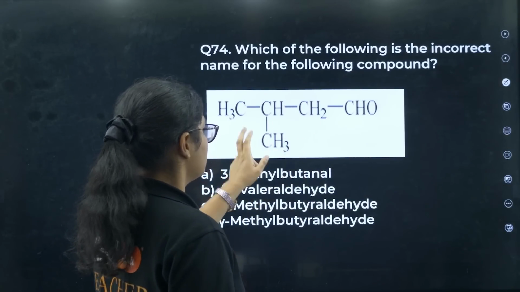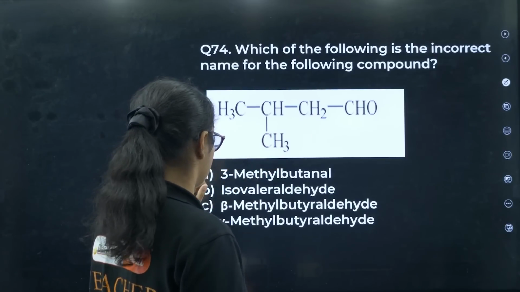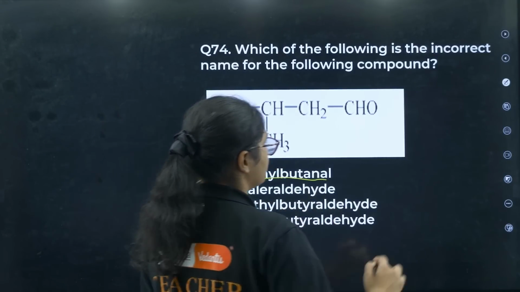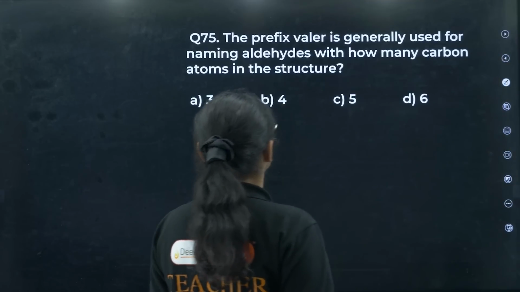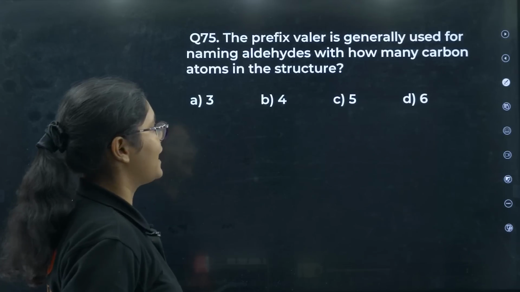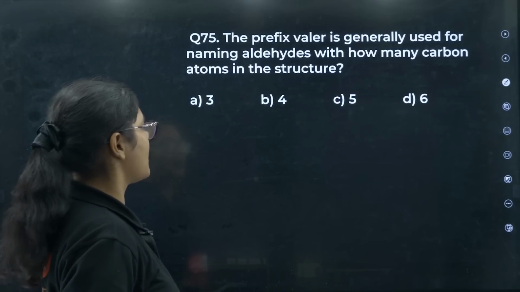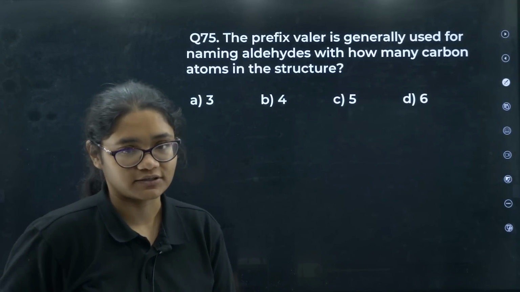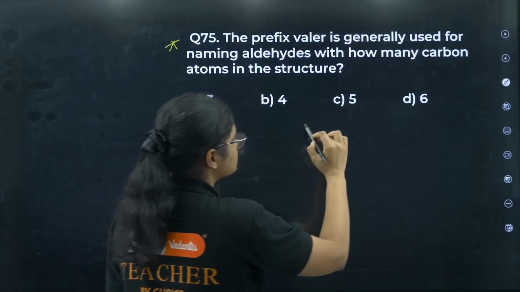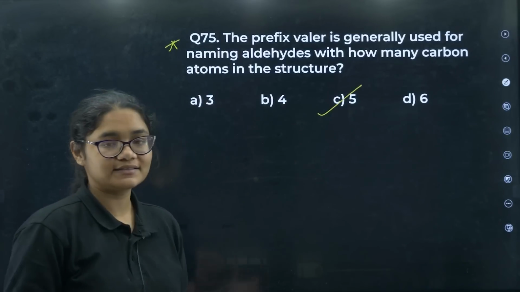So 1, 2, 3. 3-methyl butanol. Yes, option number A here. Next, 75, the prefix valer is generally used for naming aldehydes with how many carbon atoms present in the structure? This is a very important question. Valeraldehyde is used when the number of carbons is 5.